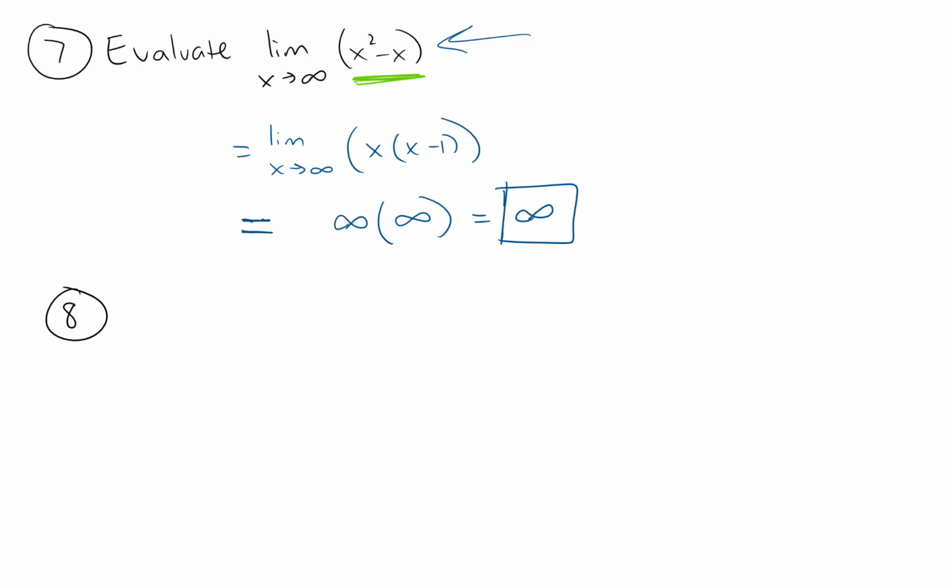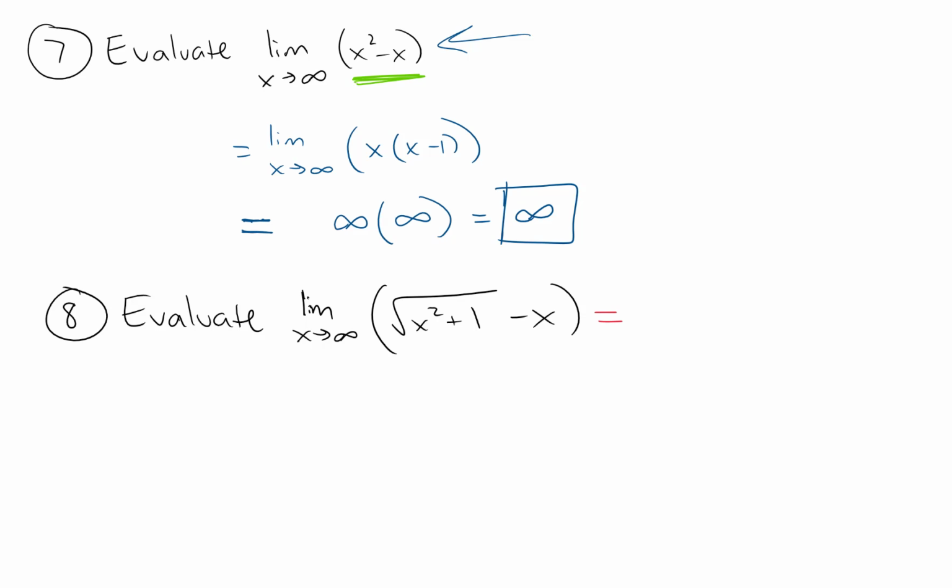Let's do one last example, kind of similar to this. Let's evaluate the limit as x approaches infinity of the square root of x squared plus 1 minus x. So if we were to use direct substitution, plugging infinity in, we get infinity squared plus 1, which is still infinite.